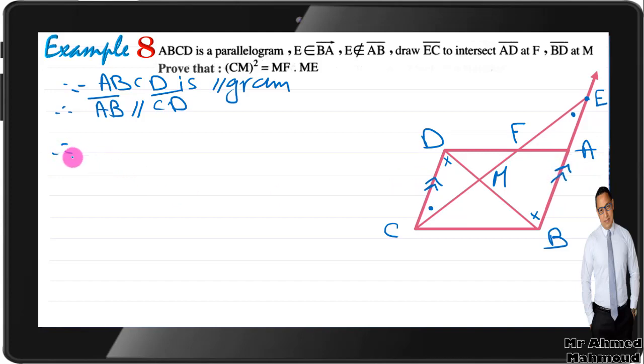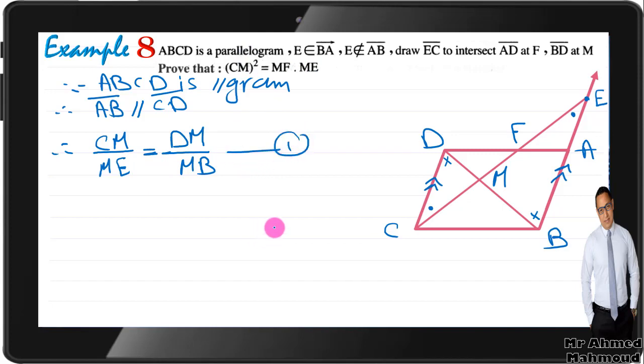Therefore CM over ME equals DM over MB. I choose this one because we have CM here and ME here. This is number 1.